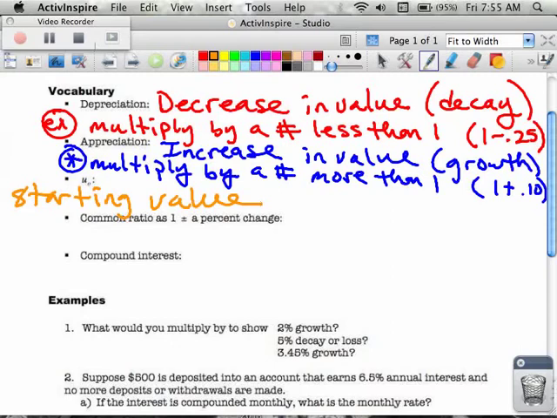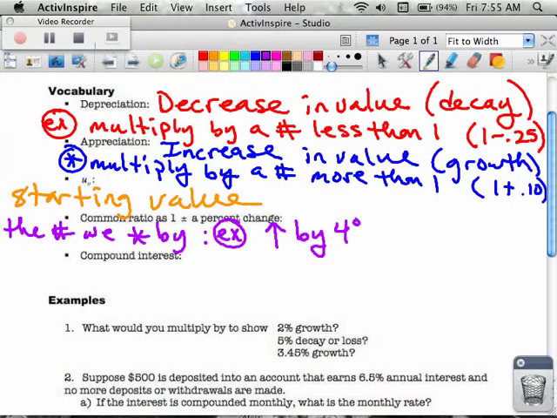Common ratio is talking about how we discussed earlier depreciation and appreciation. So when you write down this common ratio, it's the thing that you multiply by, or the number I should say, the number we multiply by. For example, if you're going to be going up by 4%, we'd be multiplying by 1 plus 0.04.